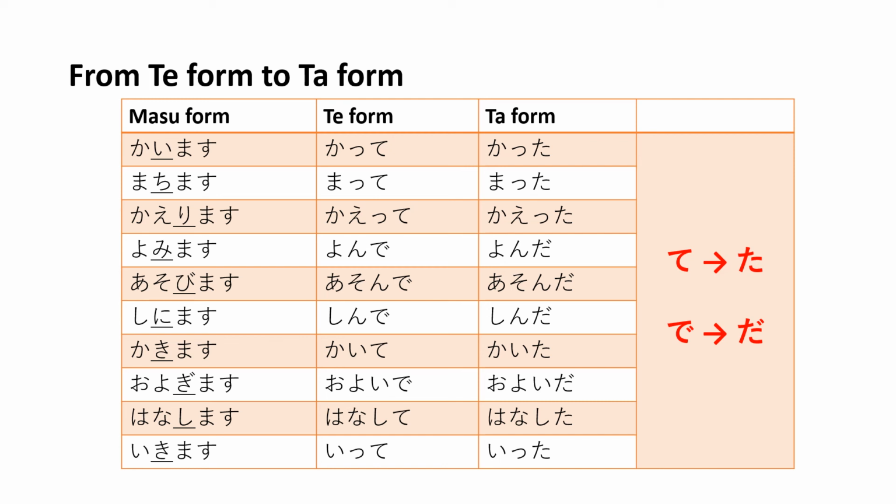Once you know te form, it's quite easy to make ta form. You just replace te form, te, with ta.